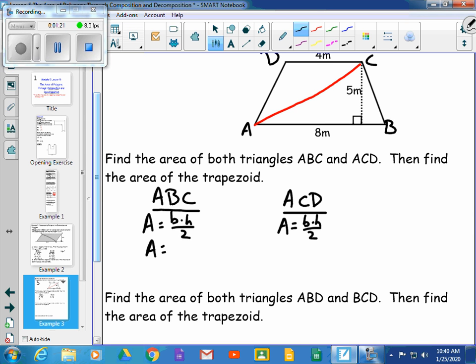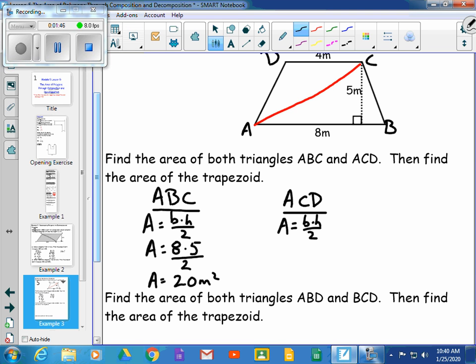Triangle ABC, the base has to be one of the lengths of the sides, and the height is perpendicular to it. So we can see that we have a base of 8 and a height of 5 meters. Third step, evaluate. I get a total area of 20 square meters for that triangle.